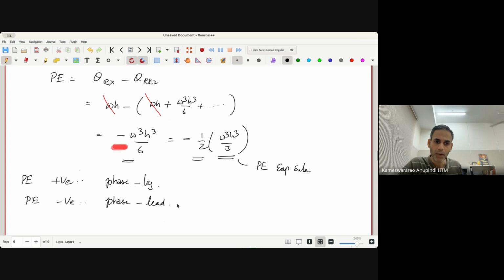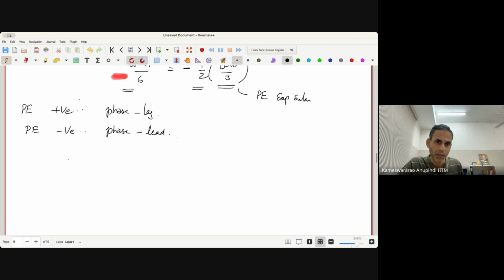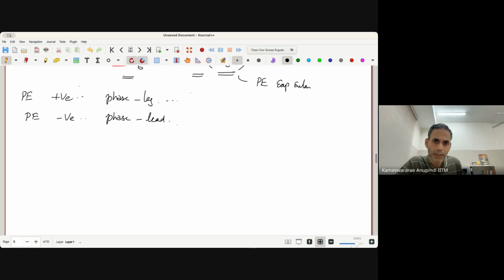Okay, what is phase lag and phase lead? We have already seen that. So phase lag we have observed for explicit Euler, implicit Euler, and then trapezoidal. Whereas now we say that this particular RK2 has a phase lead.